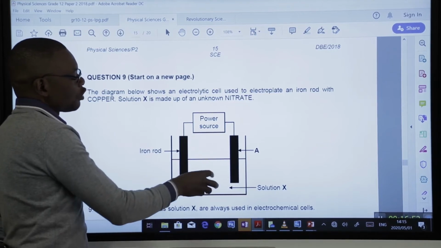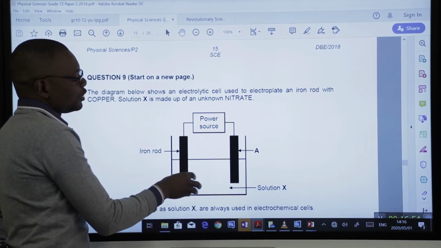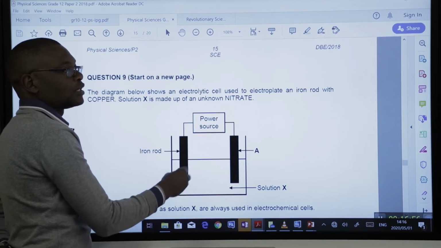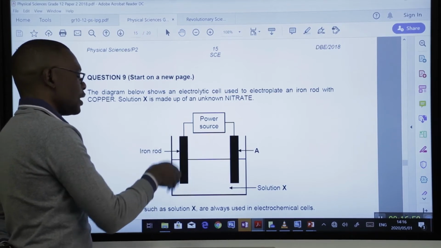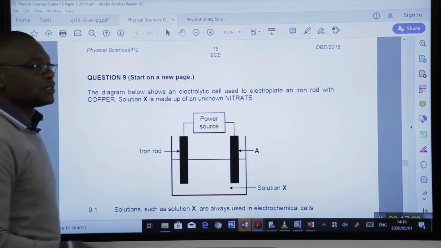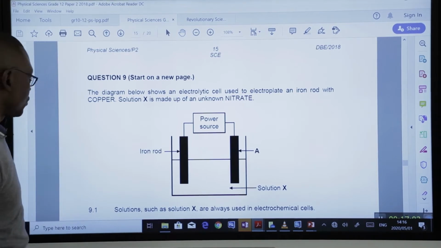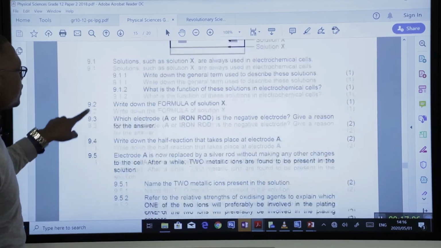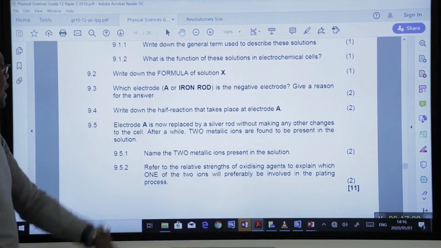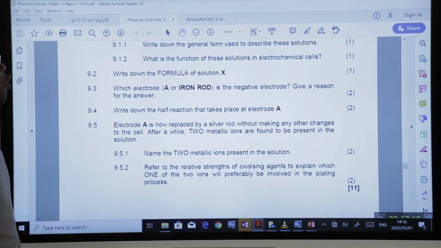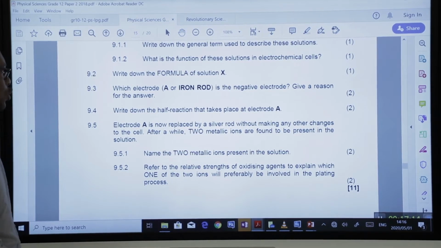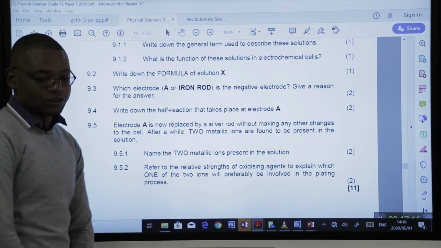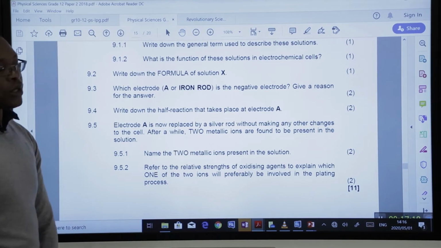So meaning that the copper ions will be slowly but surely getting used up from the solution as they solidify and stick to the iron rod, okay? So here we are saying that which electrode, A or iron rod, is the negative electrode, and give a reason for the answer.